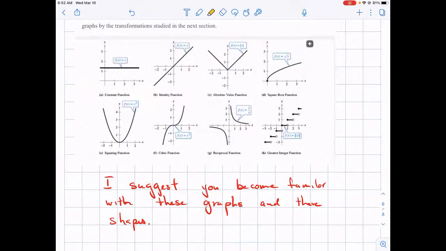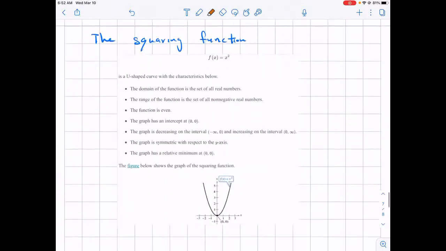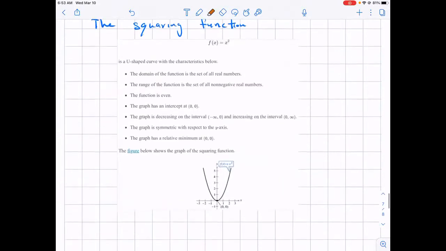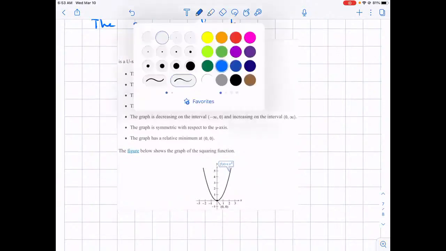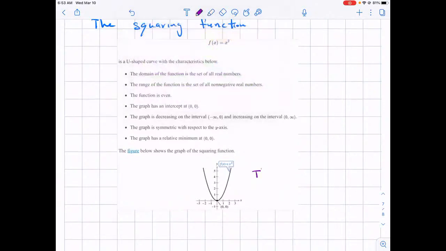The next one I'll talk about is the squaring function. If we look at the squaring function, it is also known as the parabola. So the graph of this is called a parabola. It is a U-shaped looking graph.